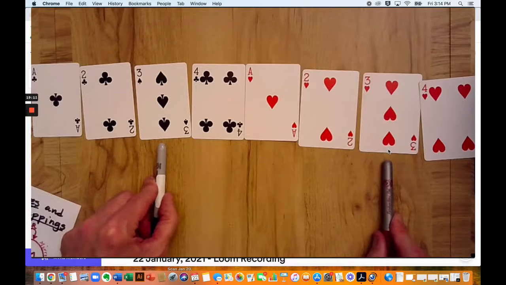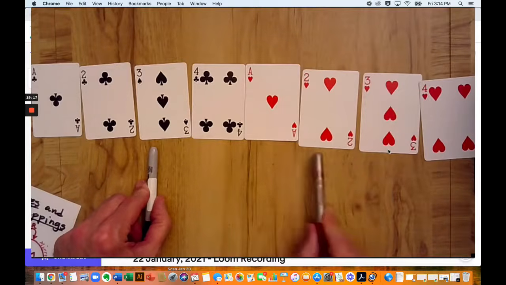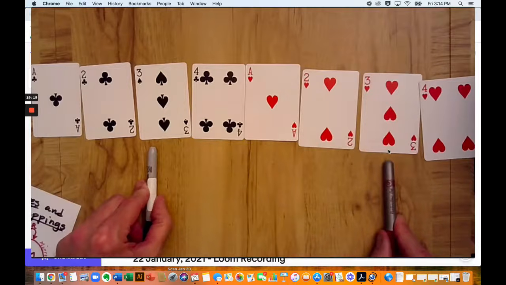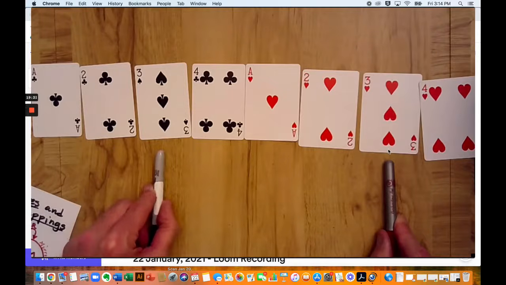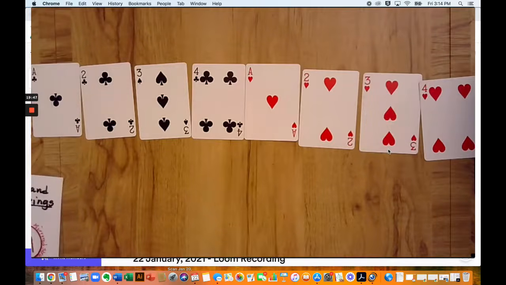I don't know if we need to do all of these, but let's look at positions 3 and 7. Are those numbers congruent modulo 4? Yes, they are. 3 divided by 4 gives you a remainder of 3, and 7 divided by 4 gives you a remainder of 3 as well. So what we're looking at here, as I laid out initially, is a 2-cycle. It is, in fact, a 2-cycle by our definition.